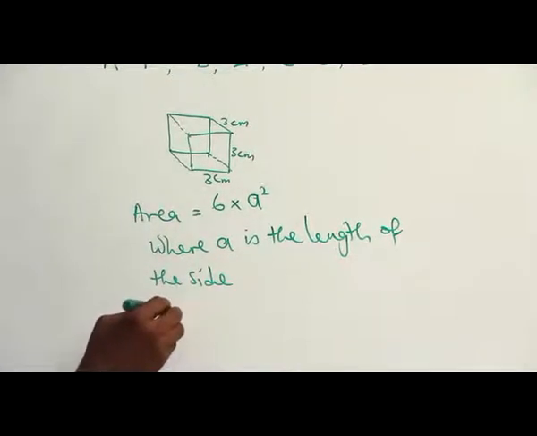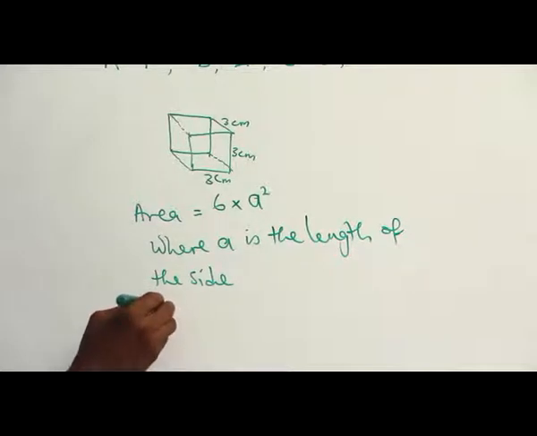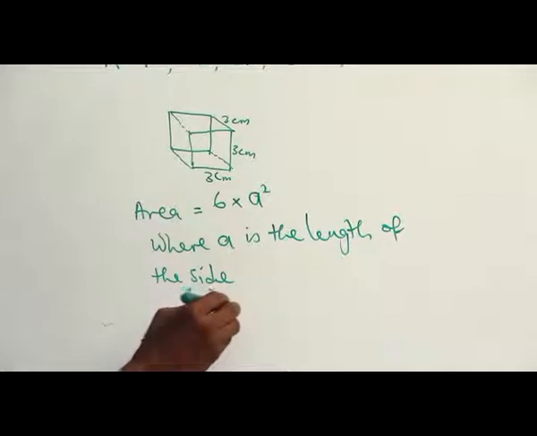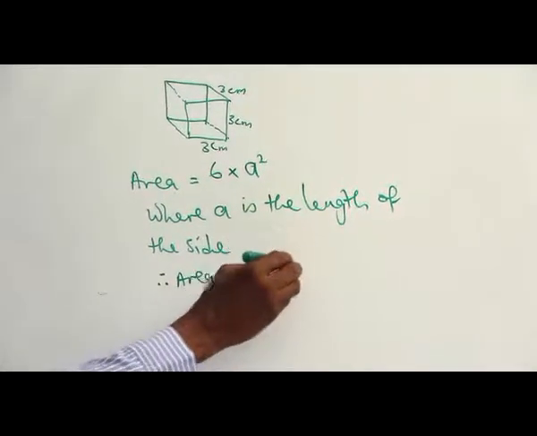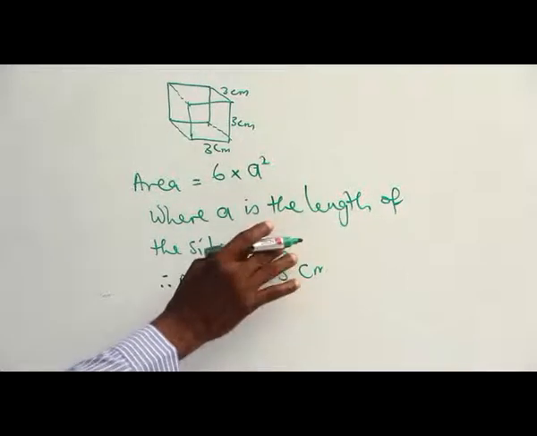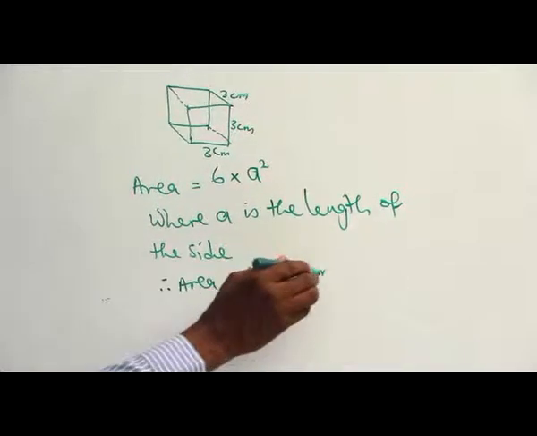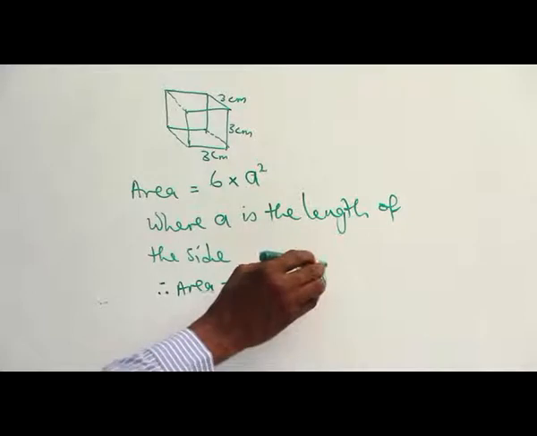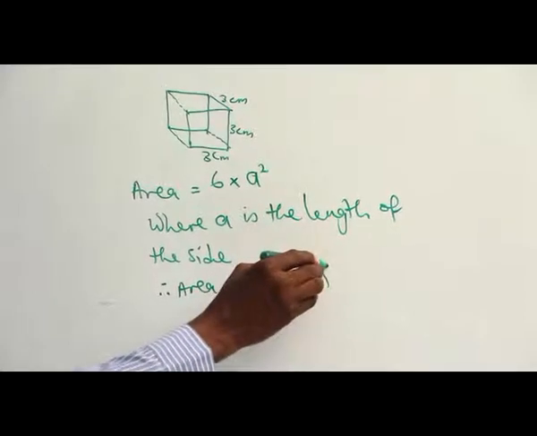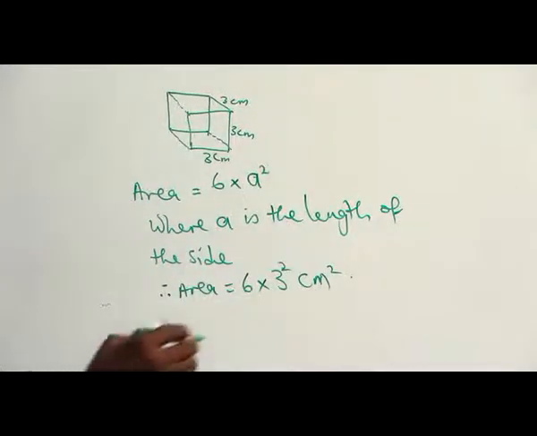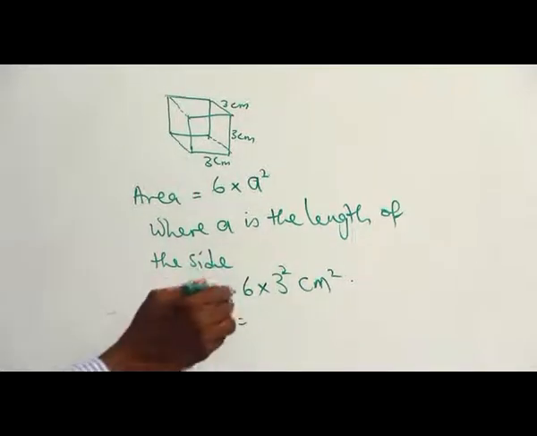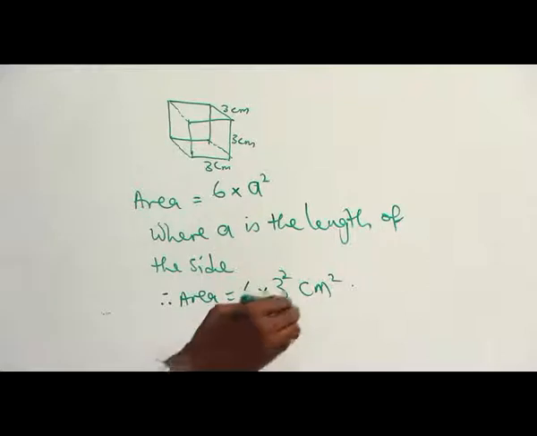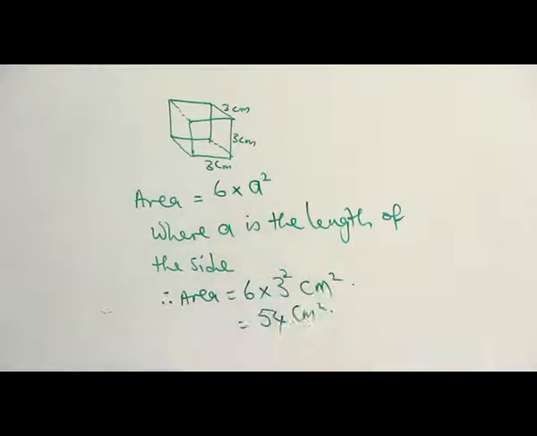Therefore, area is equal to 6 times 3 squared centimeters squared. This will give us 3 times 3, 9. 9 times 6, 54 centimeter squared.